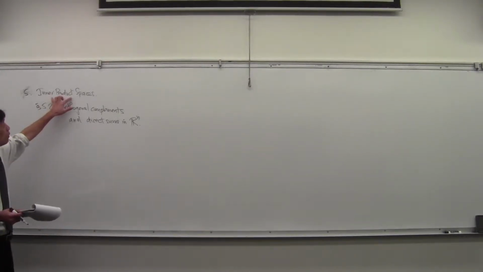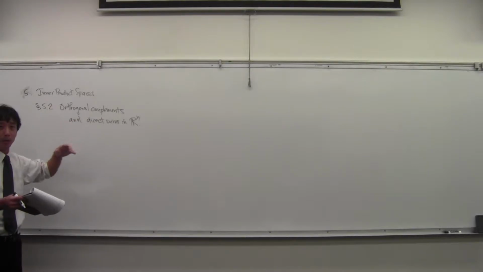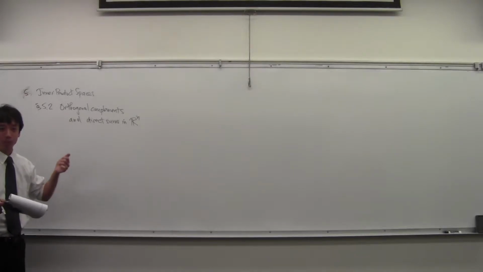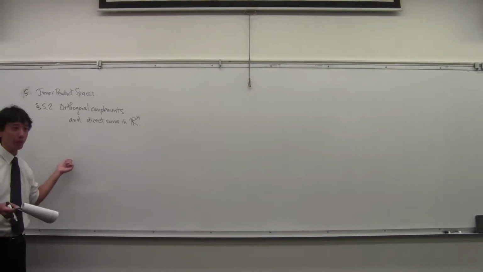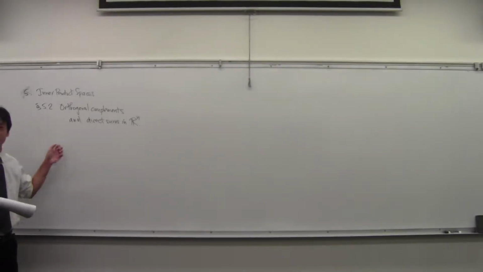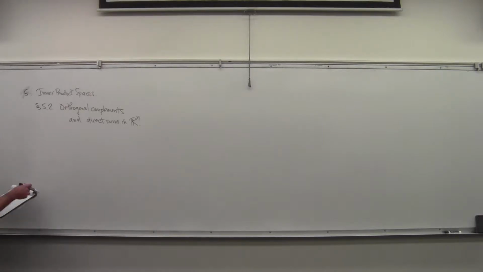We're actually going to do this in more general spaces. You have an abstract vector space, and you want to talk about vectors being perpendicular to each other. For example, you could have polynomials being perpendicular to each other. So how do you talk about perpendicularity in more abstract vector spaces? But right now we're going to stick in Euclidean space.